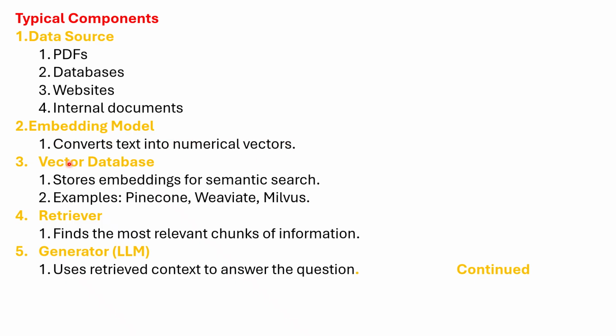Third, vector database, which stores embeddings for semantic search, for example, Pinecone, Weaviate, Milvus. Retrieval finds the most relevant chunk of information. Generator, based on LLM, uses the retrieved context to answer the question.